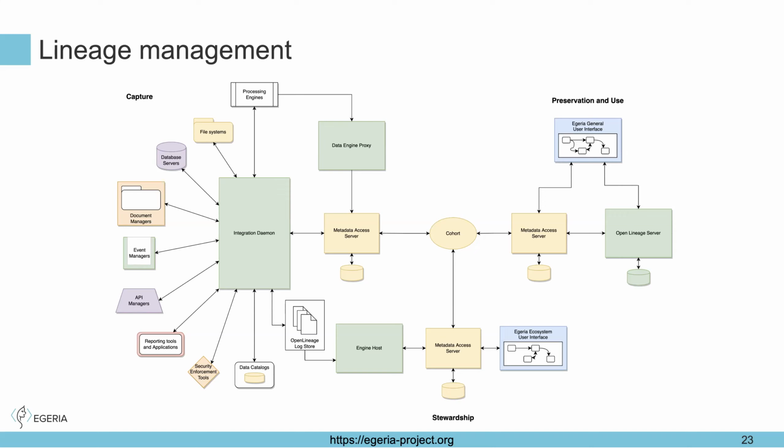Through the integration daemon, we can gather that, listen for that type of event, store it, distribute it, and take action based on it, because the integration daemon supports OpenLineage natively. So let's look at how that happens.